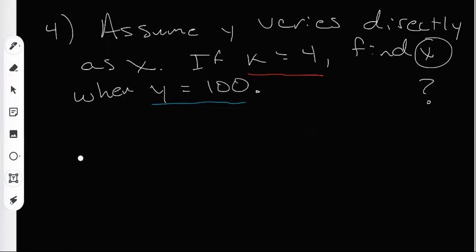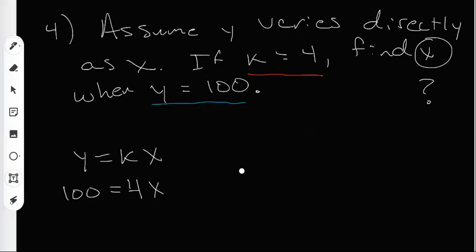So the first thing I do is write out my formula, just like every single time. y equals kx. That's direct variation. They tell me that y is 100, and they tell me that k is 4. So I get 100 equals 4x.